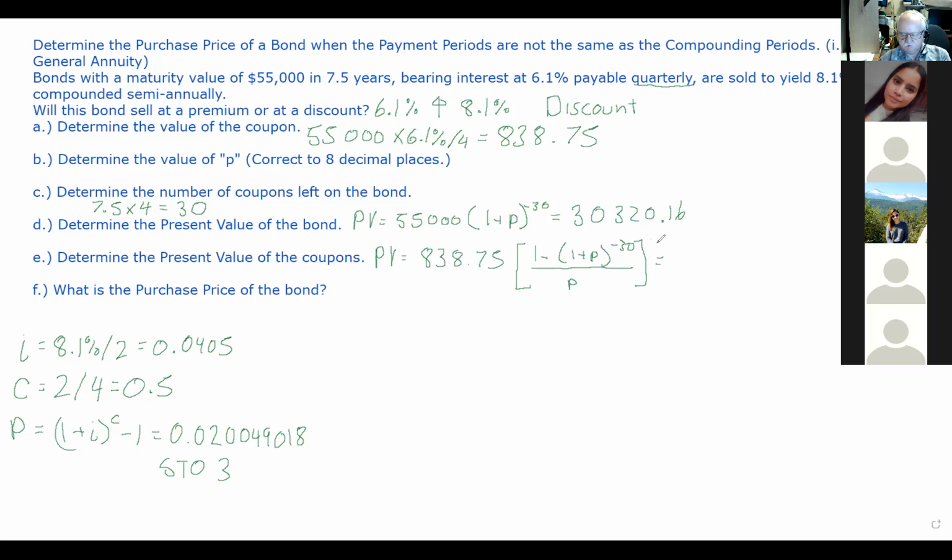Recall 3 plus 1, y to the x 30, negative, equals, make that negative, plus 1, divided by recall 3, equals, and times 838.75 equals, and I'm getting 18,772.37.